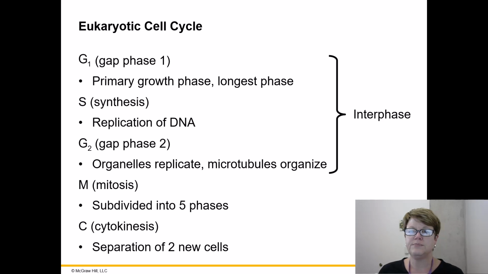What I would normally put as a hint in a test question is that in G1, the cell is preparing, not doing, but preparing for S phase. And in G2, the cell is preparing for M phase. There will be little hints to help you distinguish which one I'm going after.